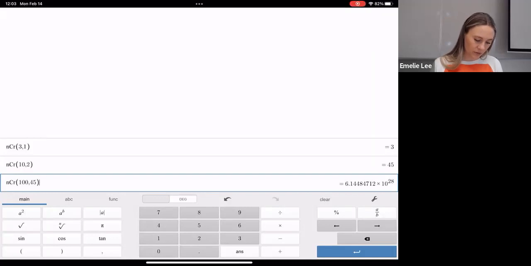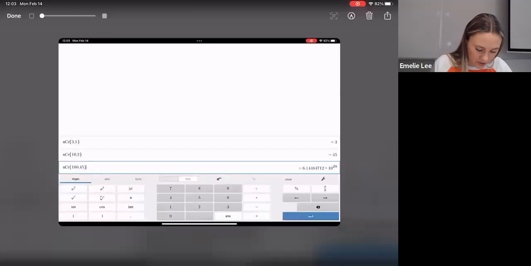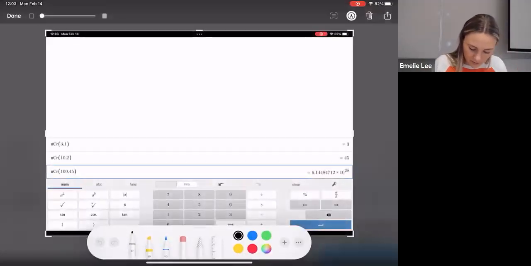Because there's a choose function here, and I think I do 100 choose 45. Oh, this is not the one I was thinking of. Sometimes there's just a little space. So let me just screenshot this.